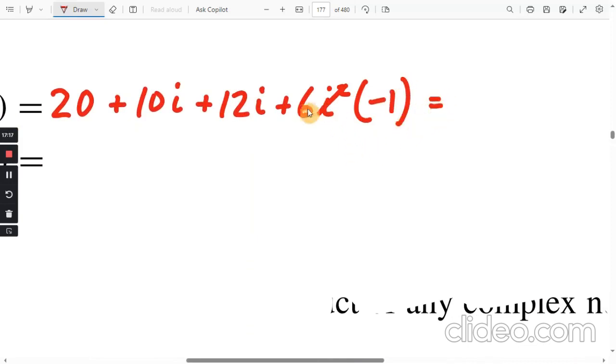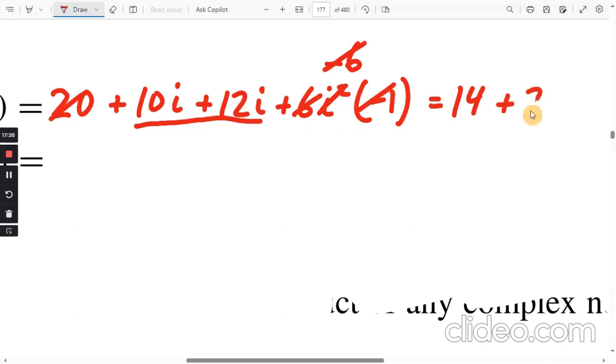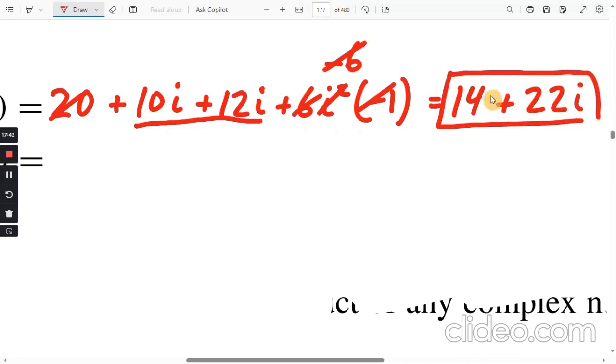And of course, 6 times -1 is just -6. And 20 minus 6 is 14. All right, and combining the like terms right here, 10i plus 12i is going to be 22i. So that's it. There's no i squared in your final answer because i squared is -1.